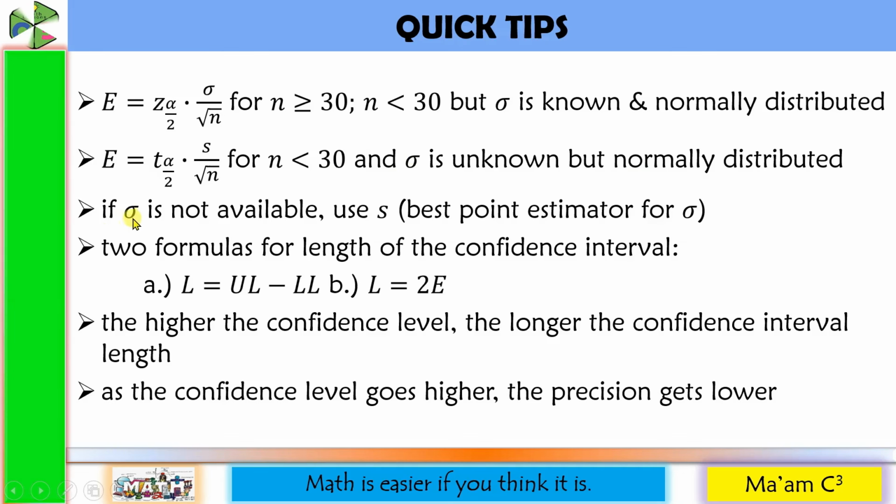If the population standard deviation is not available, then use the best point estimator, which is the sample standard deviation. There are two formulas that we can use for determining the length of the confidence interval. One, upper limit minus lower limit, and another one is twice of the margin of error. The higher the confidence level, the longer the confidence interval length. And as the confidence level goes higher, the precision gets lower.